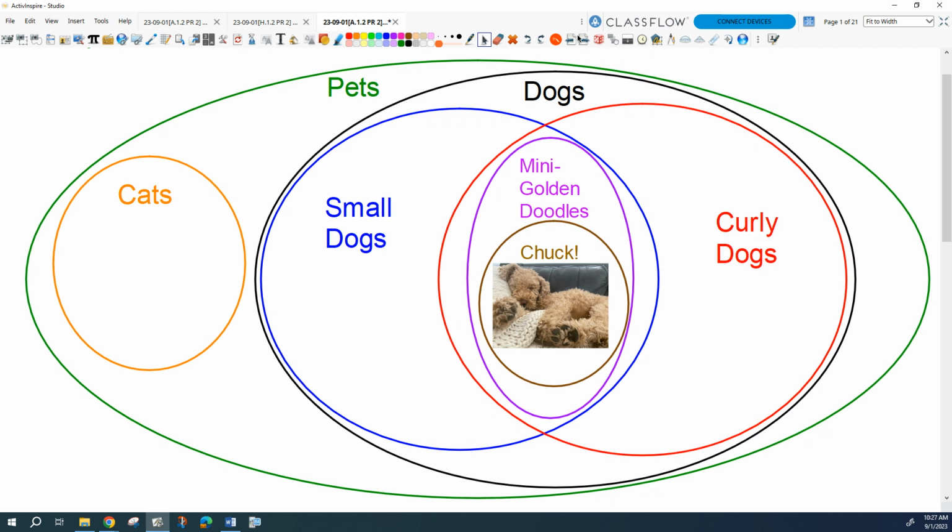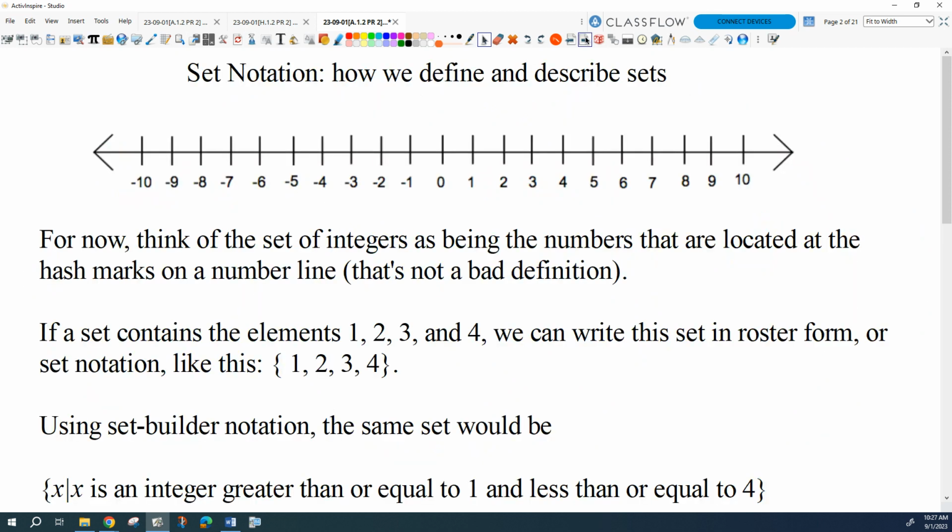Okay, so now there's some other ways we can treat sets. Today there's really no algebra involved. None of this is going to be very mathy compared to stuff you've done in the past. It's really just about vocabulary, about some concepts and the vocabulary that goes with them. Because we have to know this stuff up front, so for the rest of the year we can use this to talk about math more precisely.